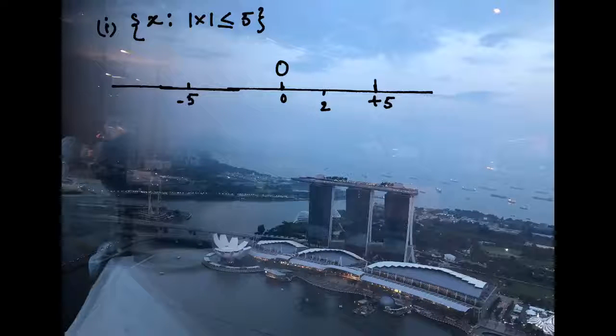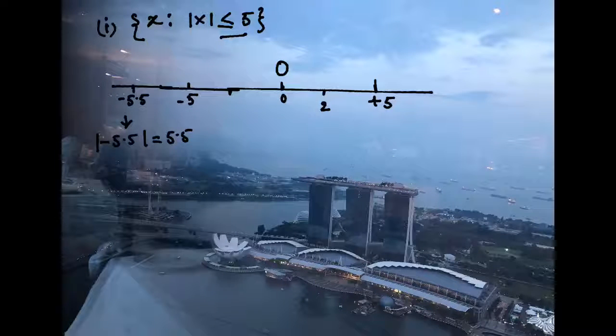If we take the mod value of minus 5.5, the modulus always takes the positive value, so it will come as 5.5. So this doesn't satisfy our given condition that mod x is less than or equal to 5.